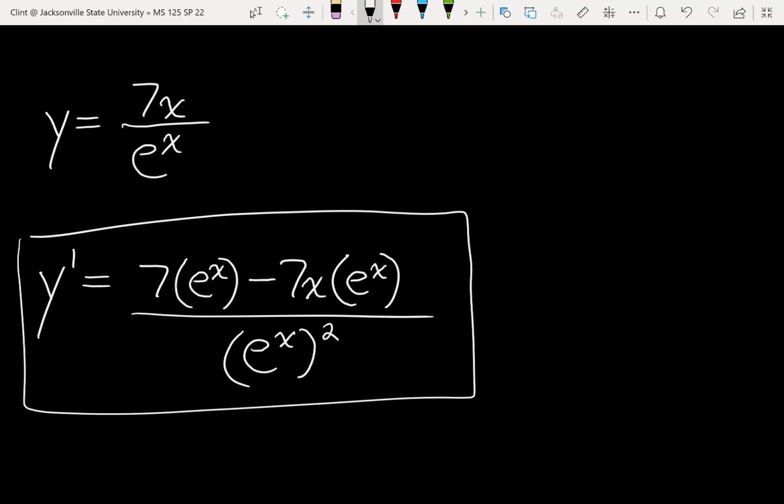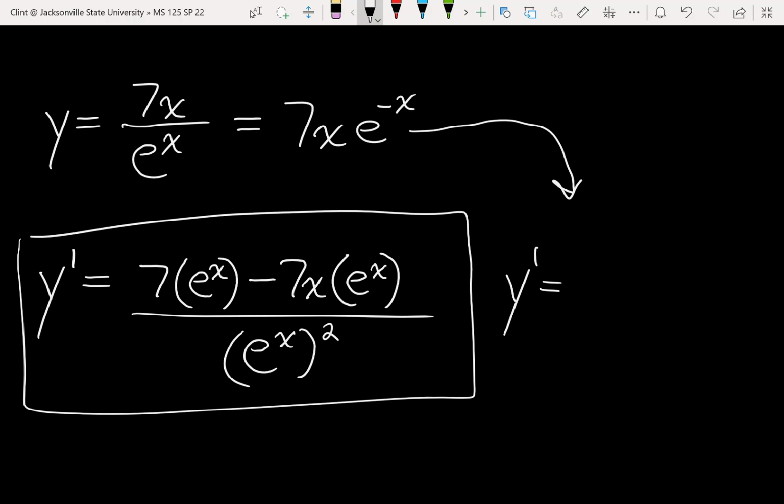Other option? You may see another option? Okay, do product rule instead. I might as well try. Let's see which one's better. So y prime, product rule there. The way I would think about this is I would group 7x together and then do 7x times e to the negative x.